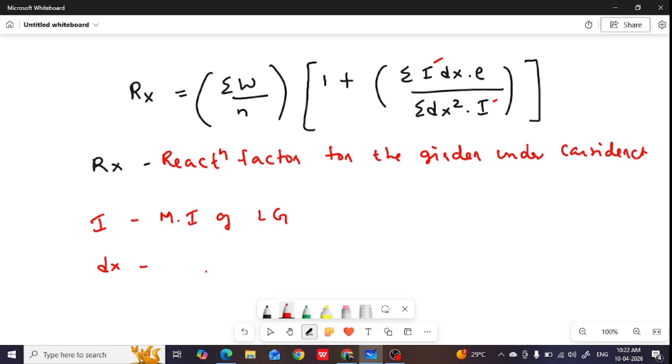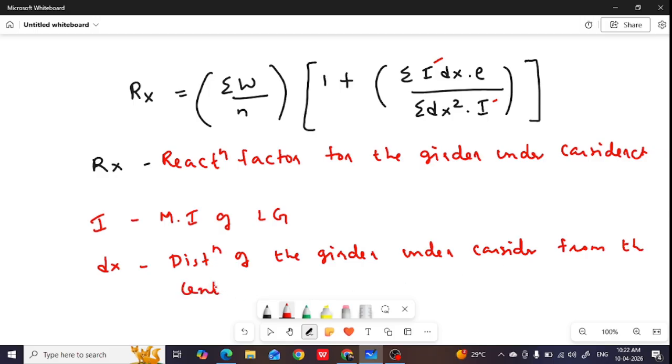You need to see which girder you are considering, whether you are considering girder A or girder B. So dx is the distance of the girder under consideration with respect to the central axis of the bridge.